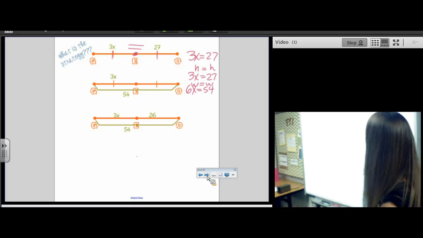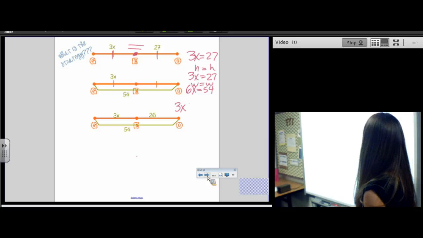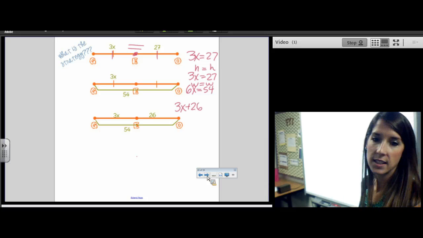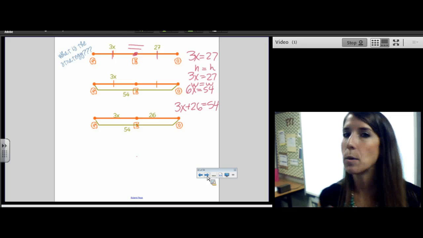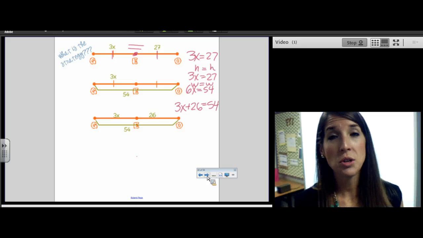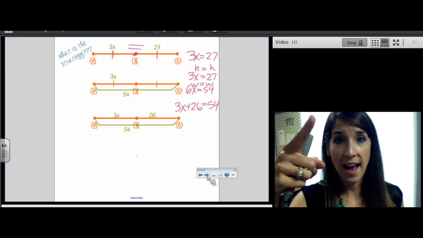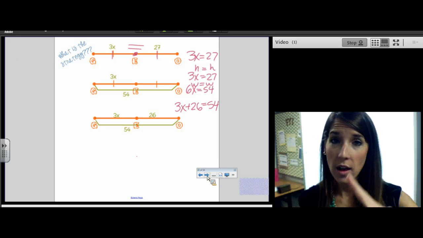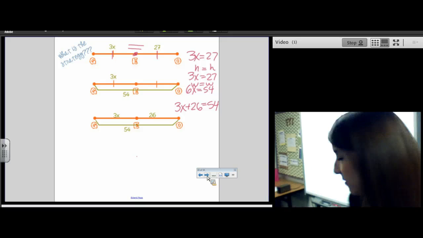So on this one we would say part 3x plus part 26 equals whole 54. And we would solve it from there. So do you see the three situations? I gave you half and half, I gave you half and whole, and then I gave you part and part. And that is the lesson.